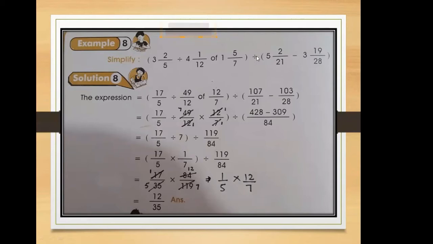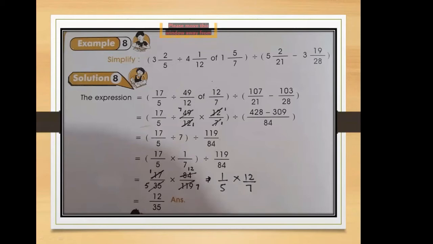Now solve this fraction. 21 multiplied by 5 and then add 2. 21 multiplied by 5 becomes 105 and add 2 becomes 107 over 21, minus 28 multiplied by 3 and add 19 becomes 103 over 28. So all the fractions are converted into common fractions.